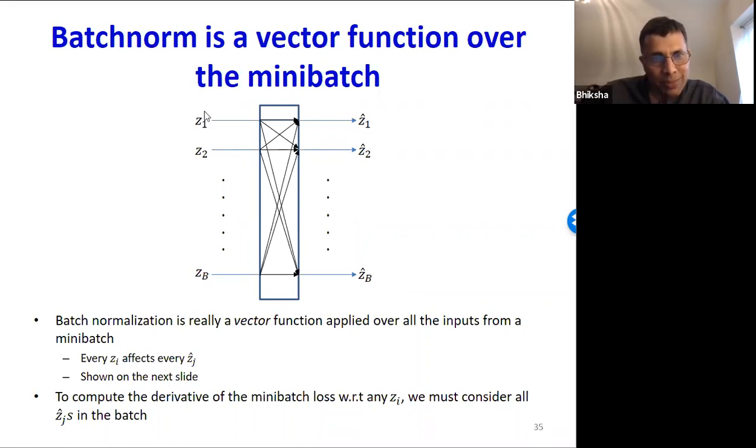So this means that every z affects every z hat, and every z hat is affected by every z. And this is the combined operation that we actually have to deal with when we are computing derivatives.